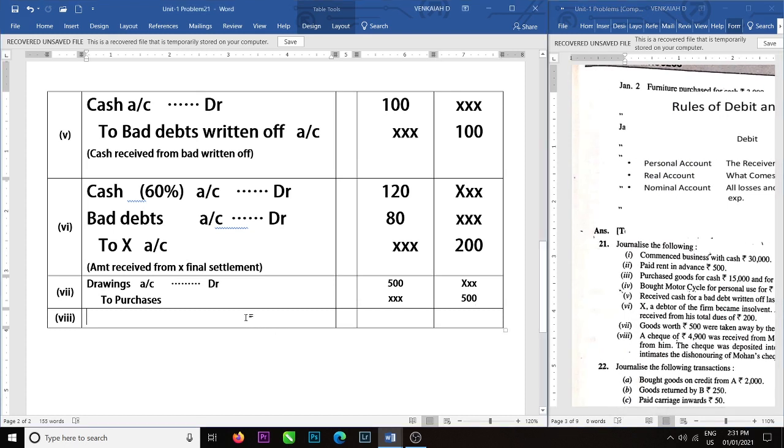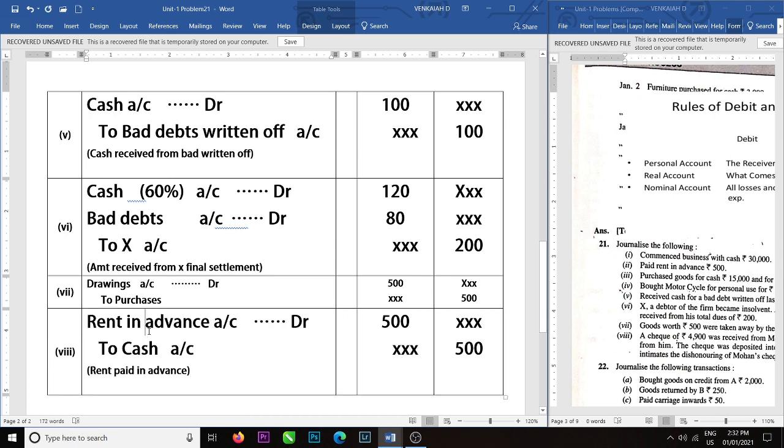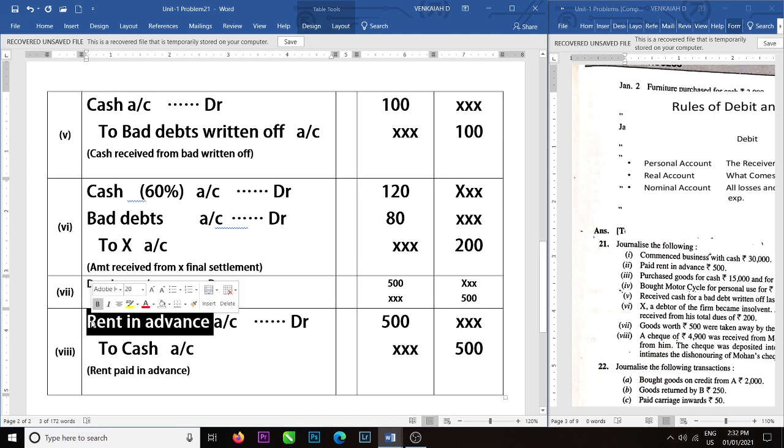So there are three transactions. One is we received a check from Mohan, 4,900. Later, that check was deposited into bank. Later, that check was dishonored. First, we will record check received from Mohan. Check received is treated as a bank account return.